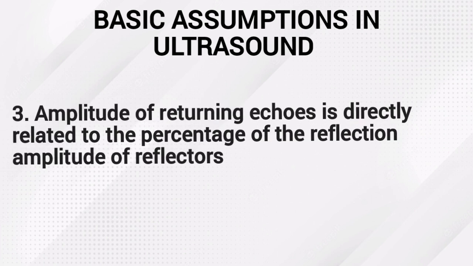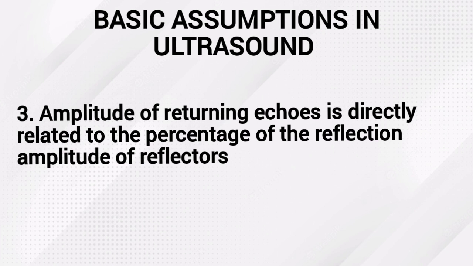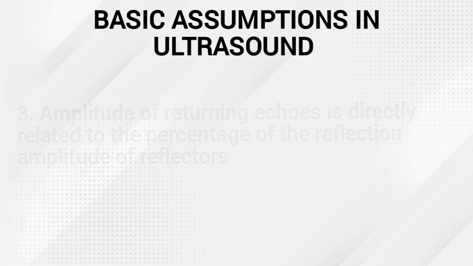Number three, the amplitude of the returning echo is directly related to the percentage of reflection, or reflection amplitude, of the reflector. That is not always true. The amplitude of echoes at the transducer may be affected by several factors such as angle, attenuation, and wave interference.